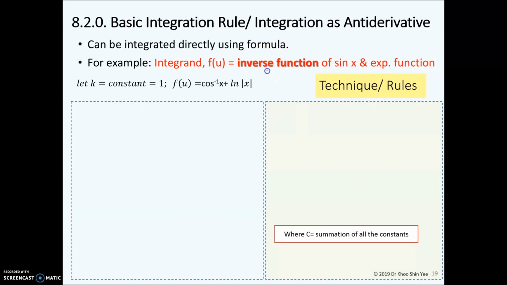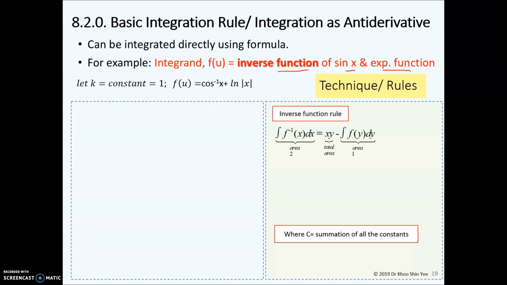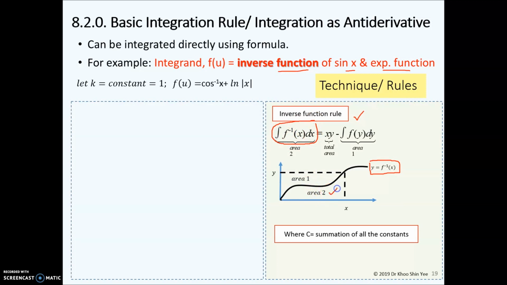So let us continue with the inverse function for sine x and the exponential function. This is a new rule that you need to know. The inverse function rule is given by this formula. In simple terms, you can look at this graph where the function y has an inverse function, and if you integrate the inverse function with respect to x, what you obtain is area 2.